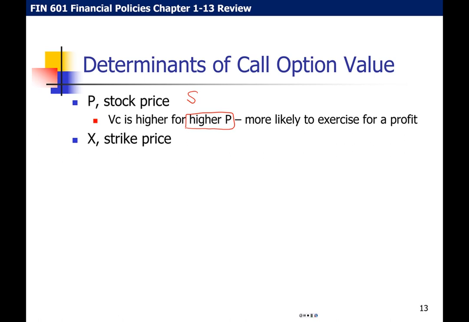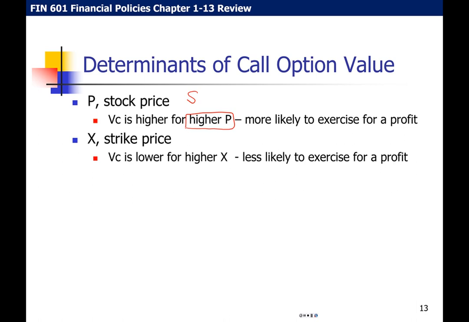Of course, we want it to be as low as possible. So the value of a call is lower for a higher strike price. When the exercise price is high, it's less likely for the market price to go beyond this level of exercise price, and less likely for you to make a profit from exercising the option.